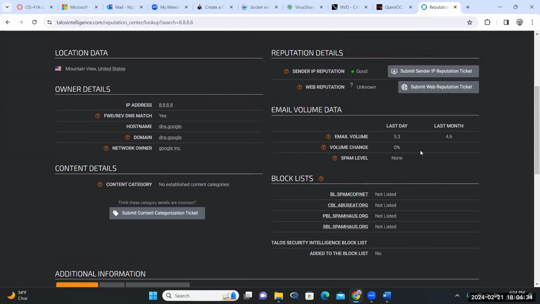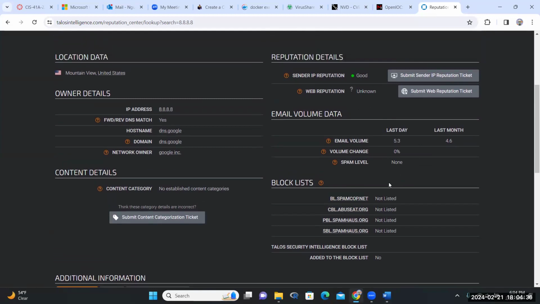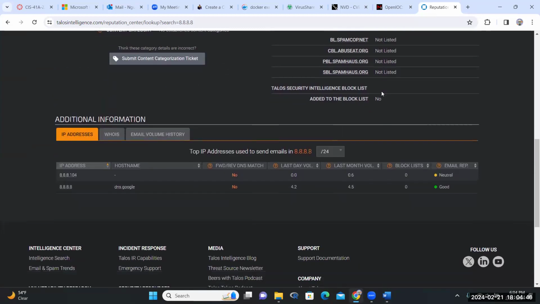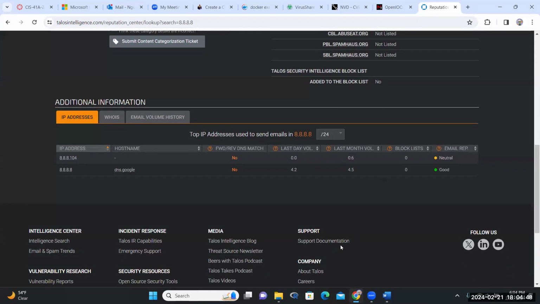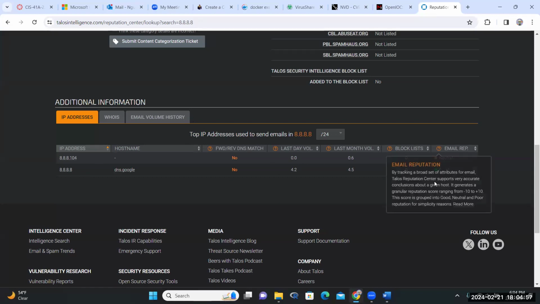So now you're going to see the volume change, spam level, and email volume. This is good for web server based information. If you go down, there are some additional related addresses. So there's neutral, and then this one is good. The one that we were looking for is good.